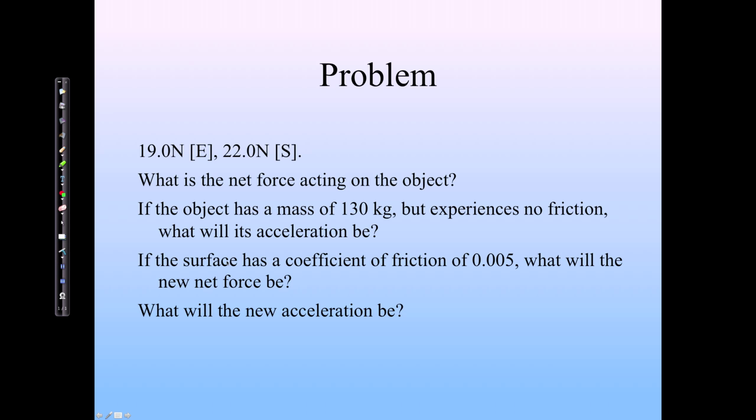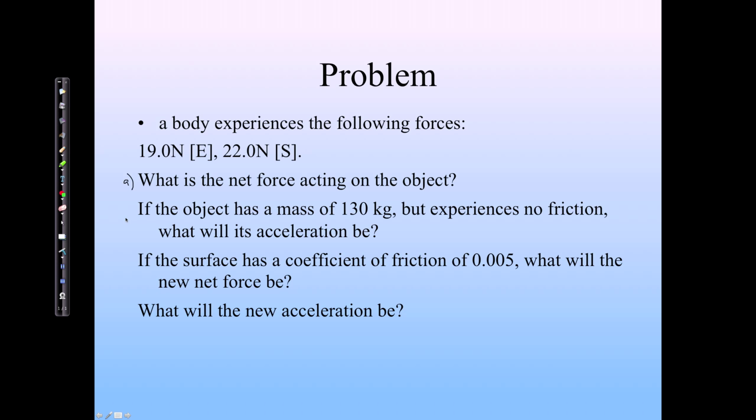Let's do another problem. A body experiences the following forces. It experiences a push of 19 newtons to the east and 22 newtons to the south. Let's first find, let's call this A, the net force acting on the object.